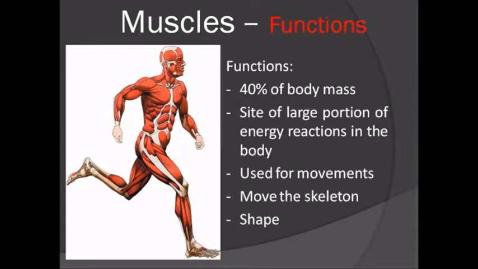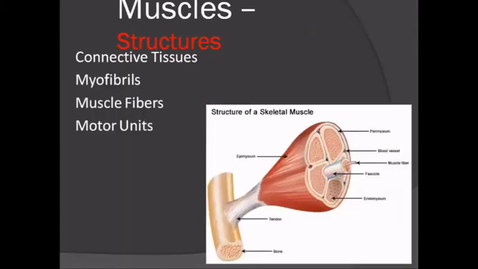They play a very important role in making all movements possible. It is used for movements, move the skeleton, and give the body shape. We have here the connective tissues, myofibrils, muscle fibers, and motor units.